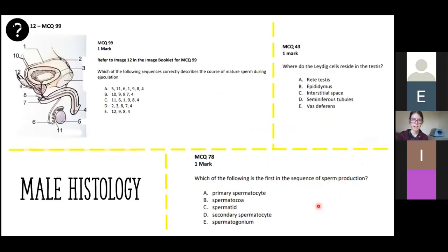All right, and male histology. There's actually quite a few questions here, so I'll give you 20 seconds for this one and then 20 seconds for the next slide. And thanks for the people who are sending me through your answers. It gives me a good idea of how long it takes.